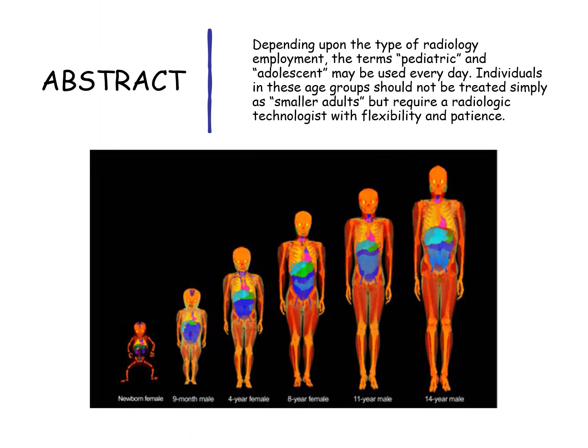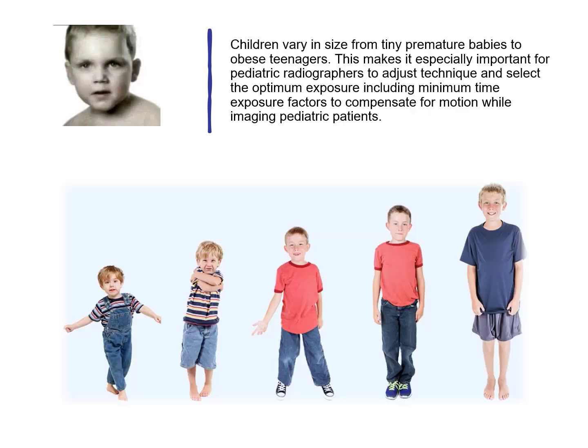Depending upon the type of radiology employment, the terms pediatric and adolescent may be used every day. Individuals in these groups should not be treated simply as smaller adults, but require a radiologic technologist with flexibility and patience and knowledge base to acquire images for this group.